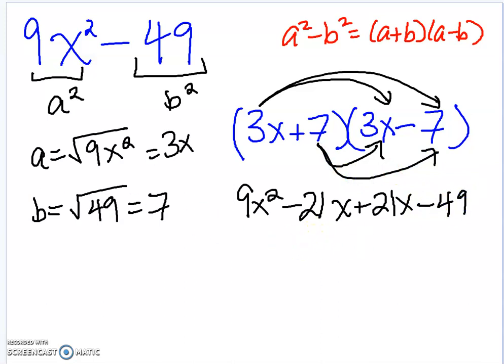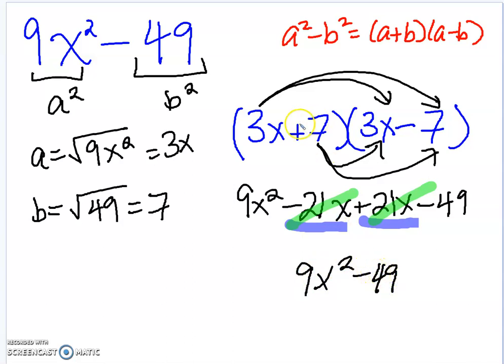Looking at this, these two middle terms, a negative 21 and a positive 21, are going to cancel each other out to end up with 0 x's. So we end up with 9x squared minus 49. So what ends up happening when we change this to a positive and a negative is it'll eliminate our middle two terms.